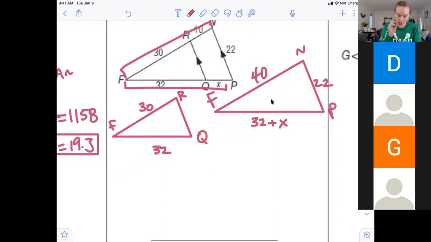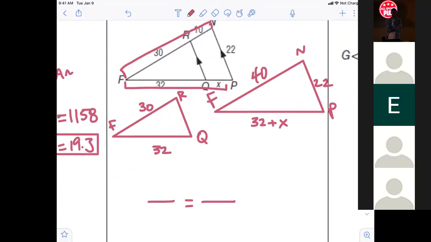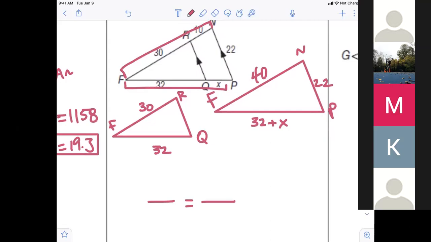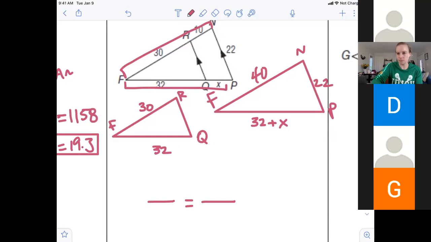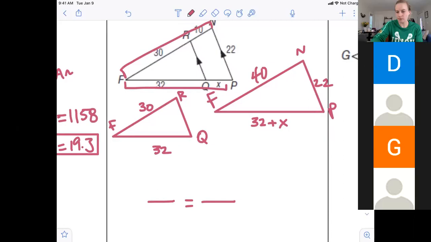What over what equals what over what? 40 over 30 equals 32 over 32 plus x. Or I mean 32 plus x over 32. 32 plus x over 32, and then do you say 40 over 30?